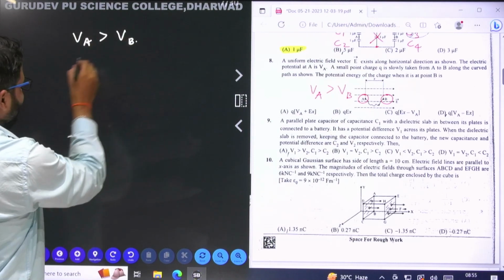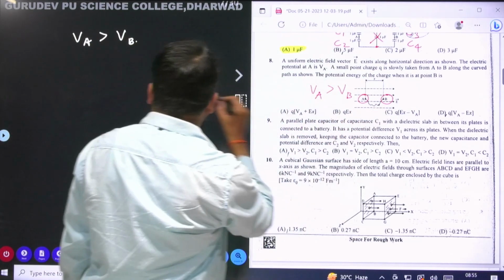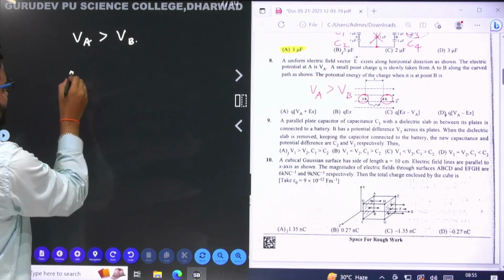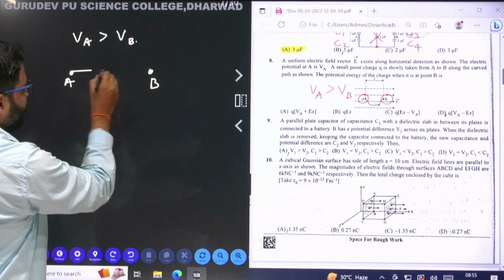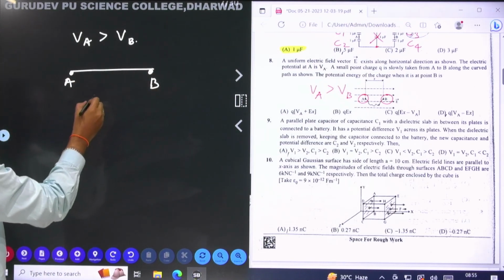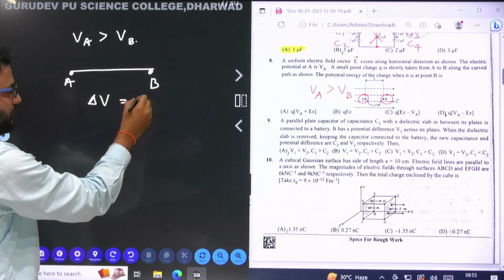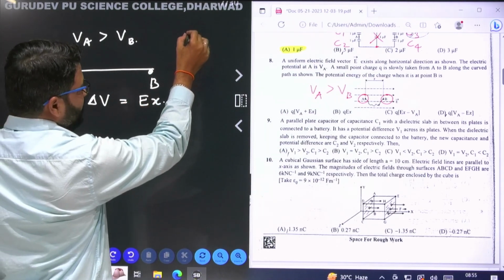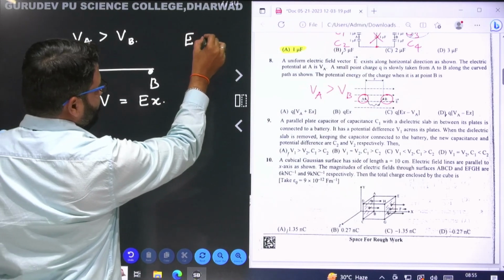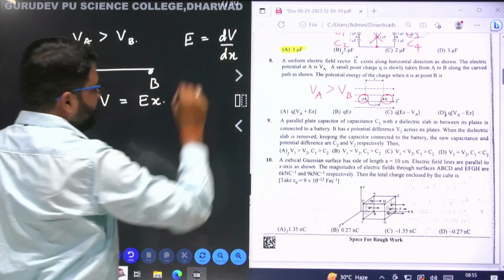If I try to take the difference between these 2 points, if this is point A and this is point B, the difference of potential between these two, if I call it delta V, would be equal to E into X. I am using the concept of E is equal to dV by dx.